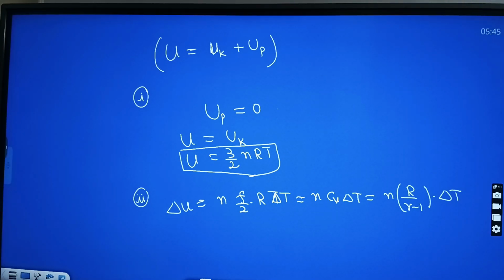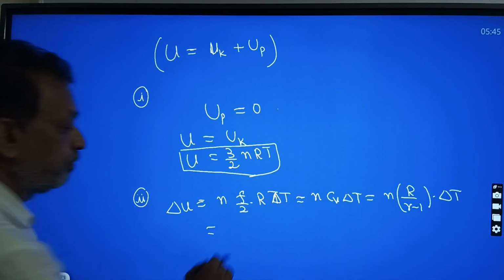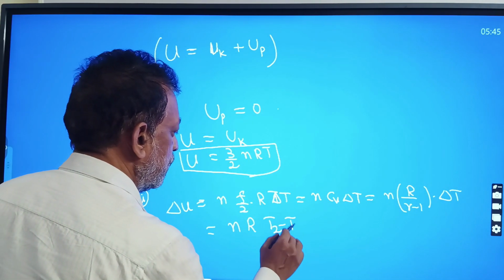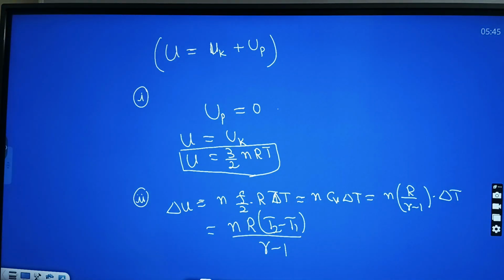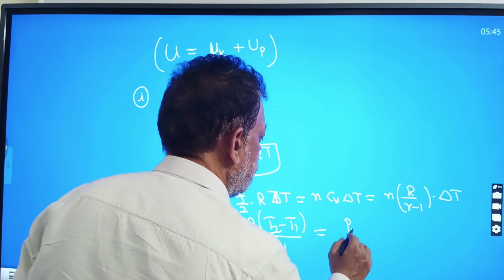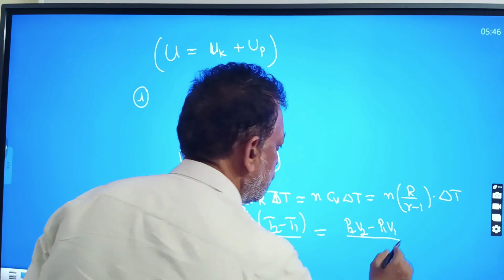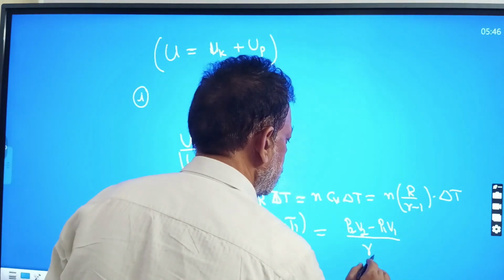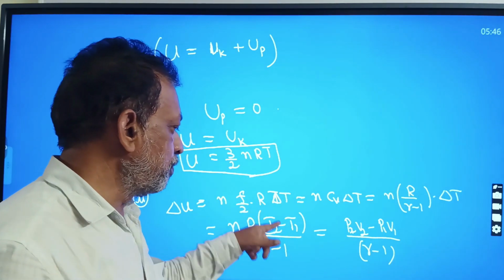Continuing, that is equal to n R (T2 minus T1) divided by gamma minus 1, for an adiabatic process. So that is equal to (P2 V2 minus P1 V1) by gamma minus 1. How did we get this? We take R T2 minus R T1.